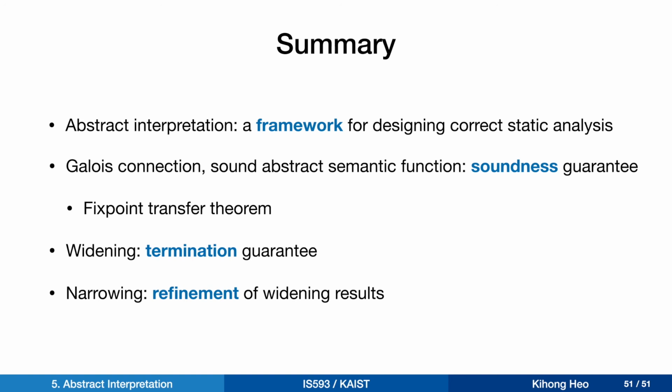Additionally, to guarantee termination, a widening operator is introduced that computes an over approximation of the ideal result. And to refine the widening result, a narrowing operator is introduced. That's the abstract interpretation framework.